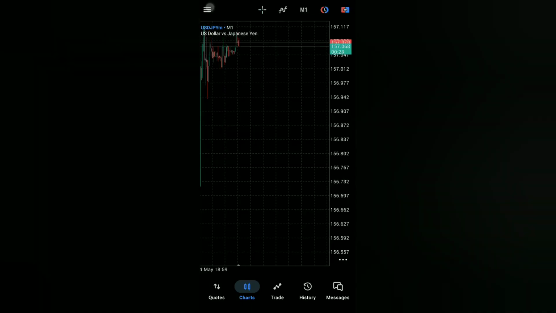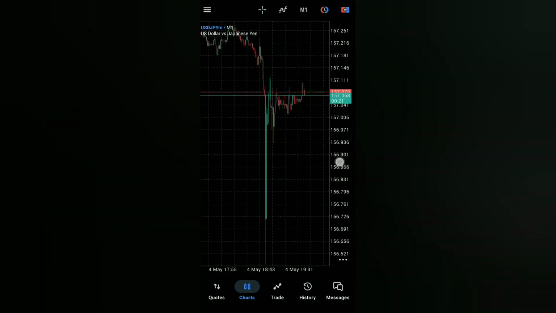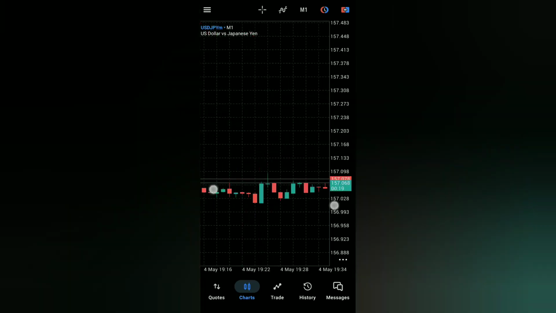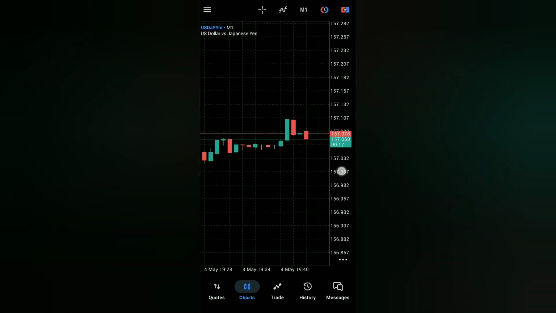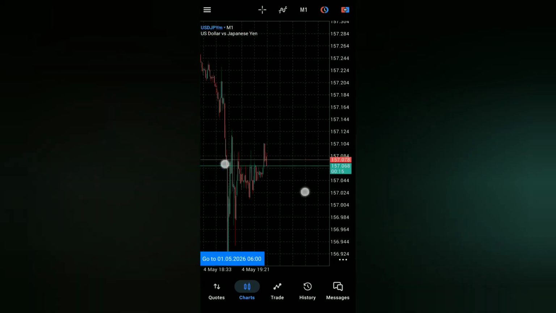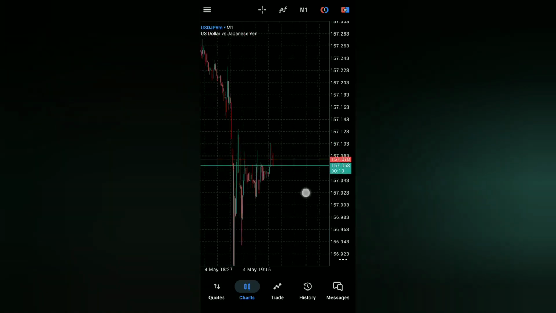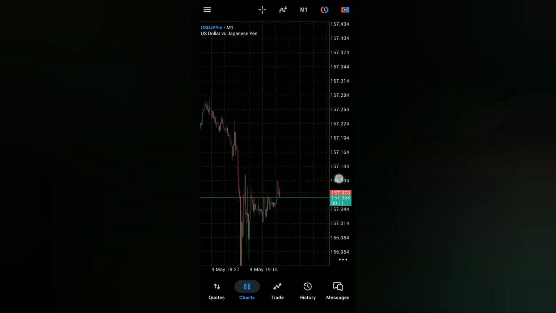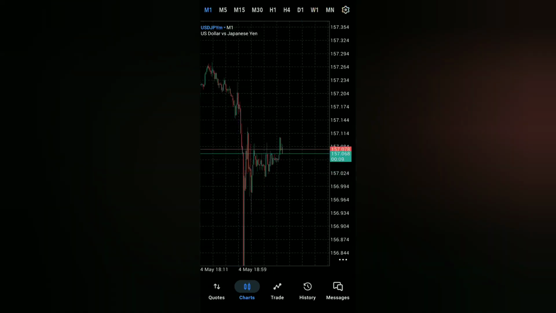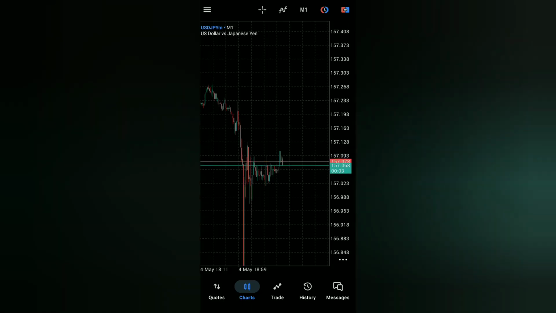If you are trading the 1 minute candle, it means things that happen within 1 minute. These candles are formed within 1 minute. It is cheaper to trade the 1 minute candle, but it also has some advantages and disadvantages. If you are trading the 1 minute candle, you are called a scalper because you enter very fast and leave very fast.